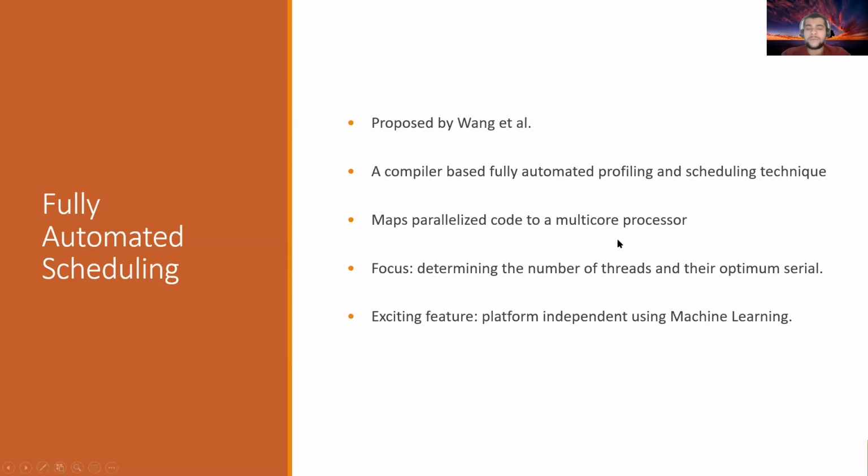And the most exciting feature is that this is platform independent because it's a machine learning technique. If you have code in Java, C, or Fortran, it doesn't matter. We can just use the models that they've used, and we'll have an optimum scheduling policy, fully automated.